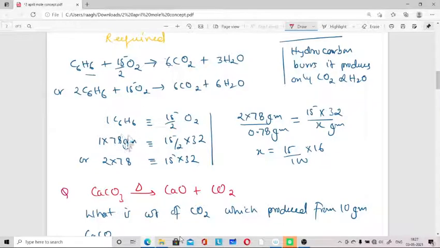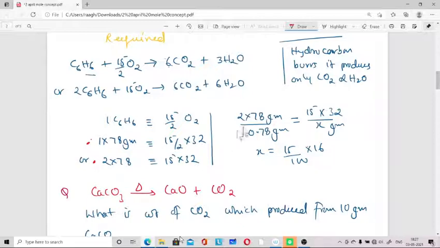Or from this equation, you can see 2 moles of benzene, 2 into 78, is equivalent to 15 moles of oxygen, so that is 15 into 32. This or this, they are both the same. If you calculate either of them, it will be the same.